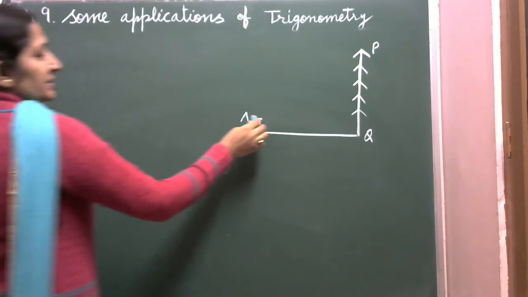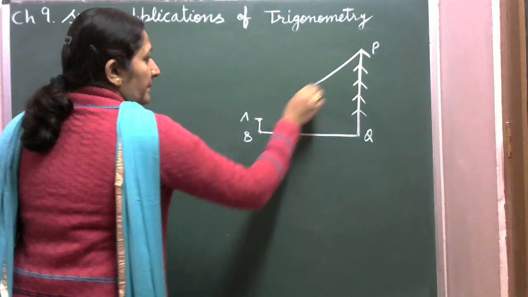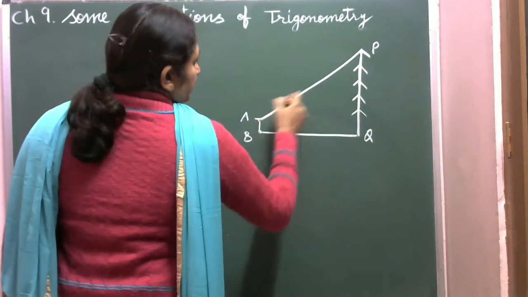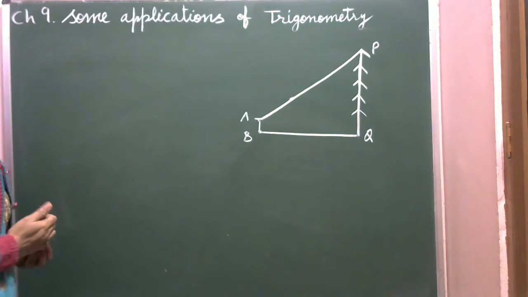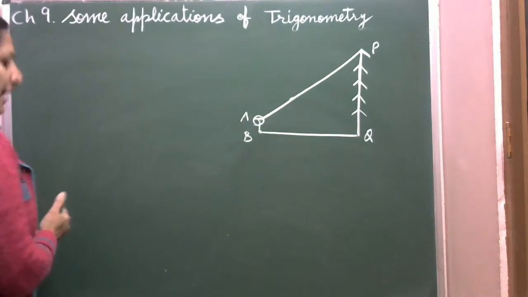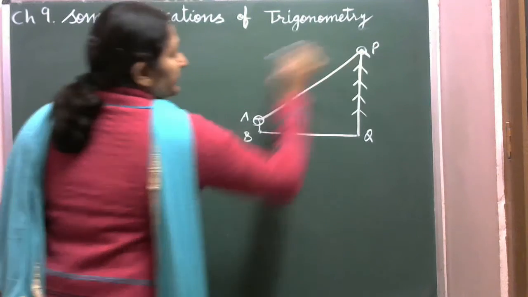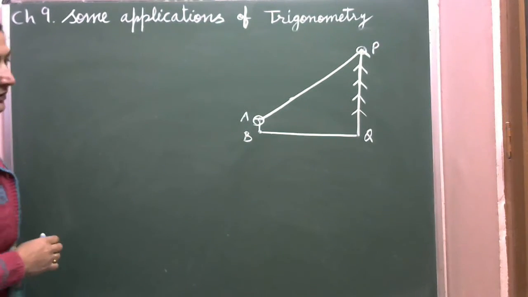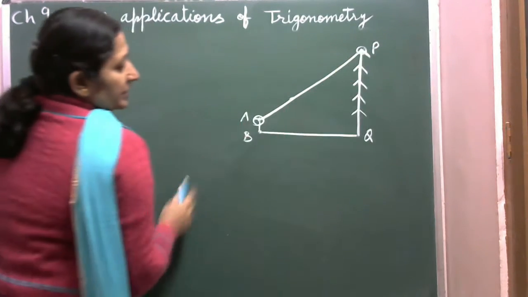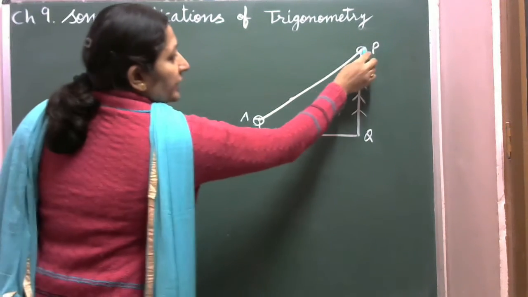When this person observes the top of the tree, there is one line between the eye of the observer and the object, that is the top of the tree. This line is formed between A and this point P, the eye of the observer and the object.